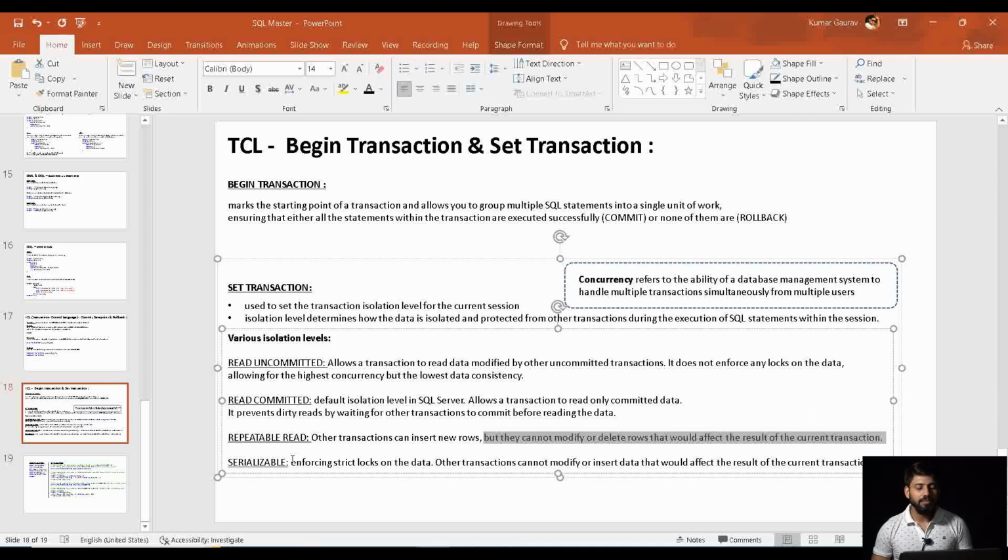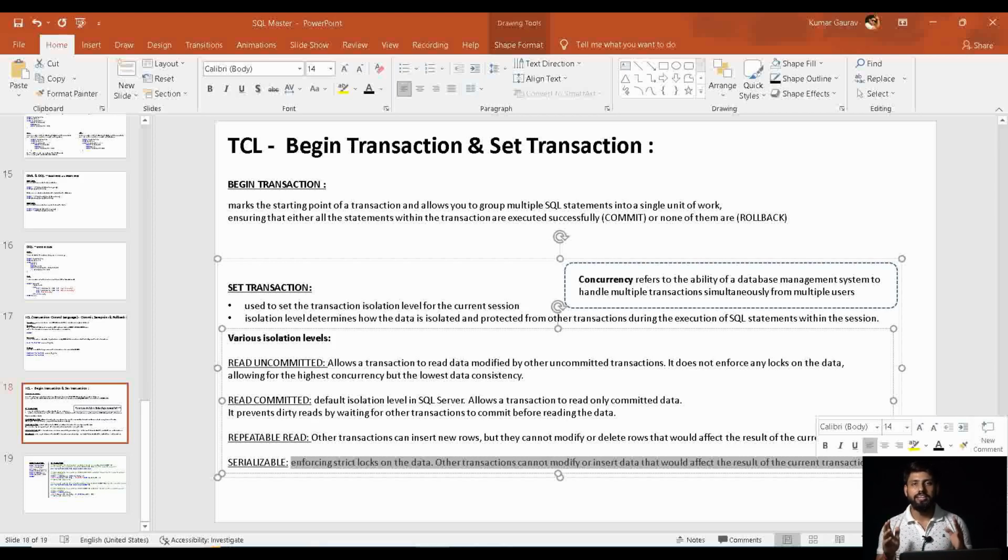Now serializable is the most powerful transaction level, or you may say isolation level. It enforces a strict lock on the data. Other transactions cannot modify or insert data that would affect the result of the current transaction. Neither can it be modified nor inserted; whatever the data is, it will be fully locked.